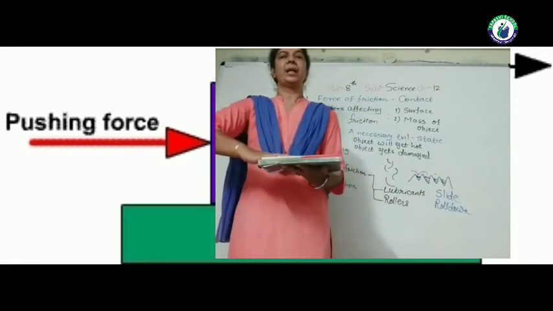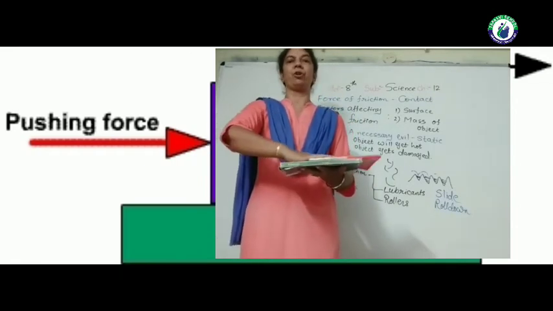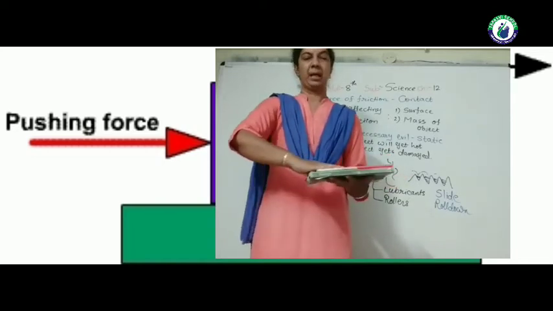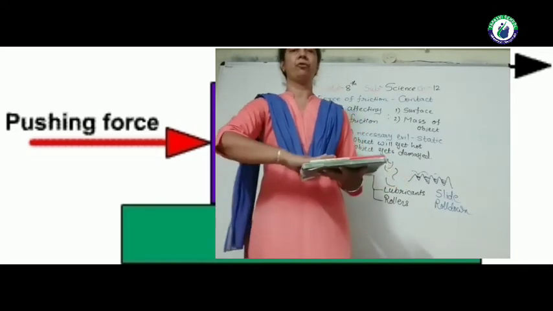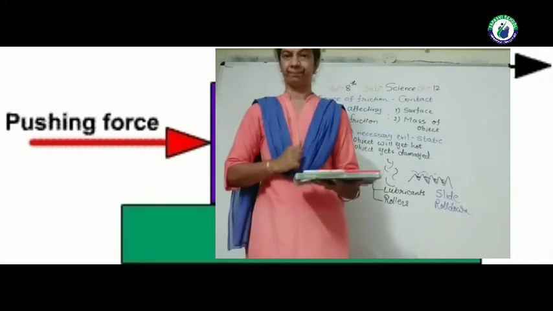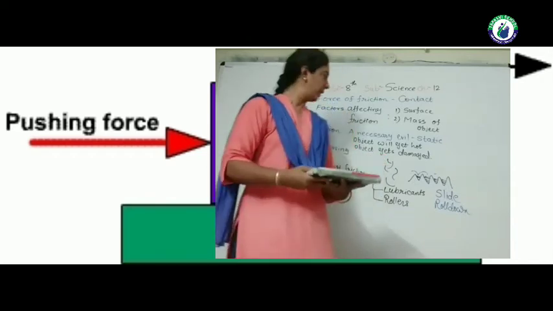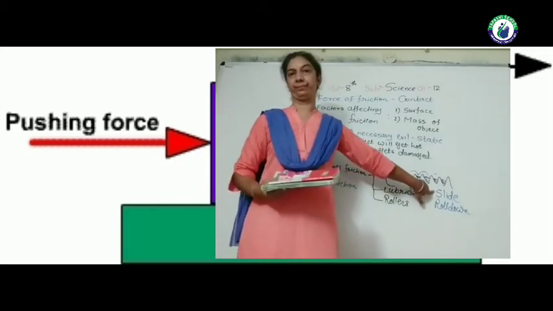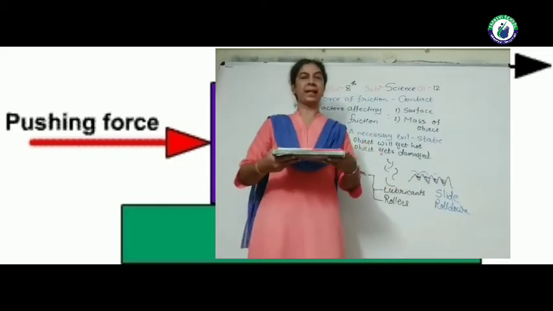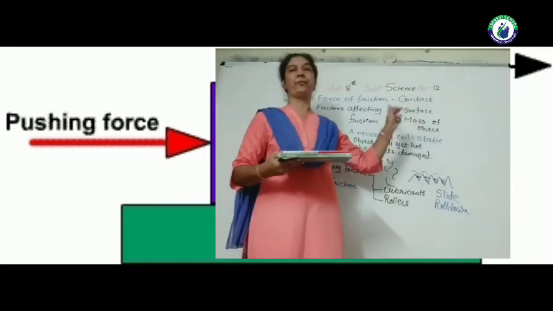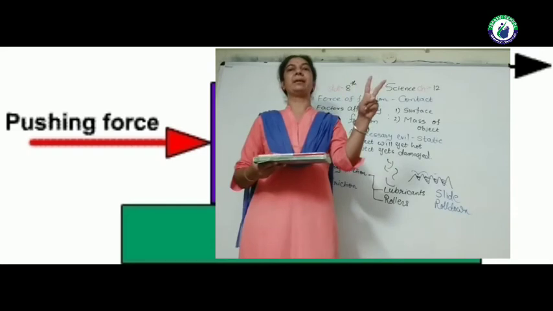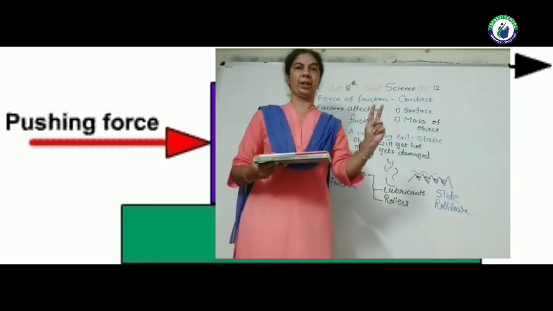If I try to push the first object, it will be pushed, but I have to apply the force of my full palm. That is the example of sliding friction. Just now this was at rest, that is static friction. So first static friction, second sliding friction.